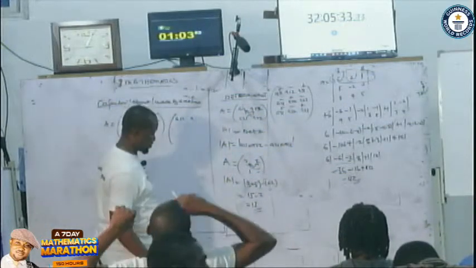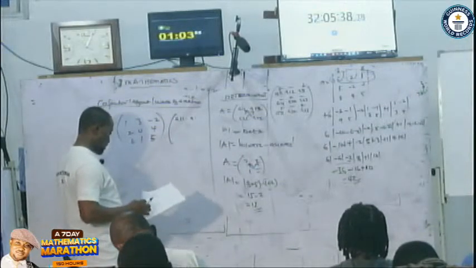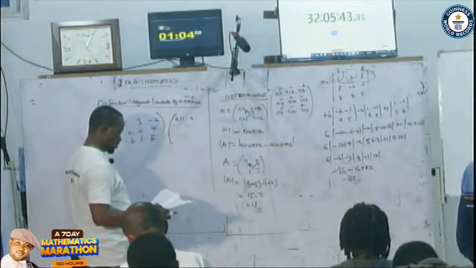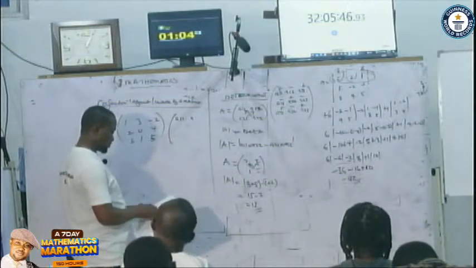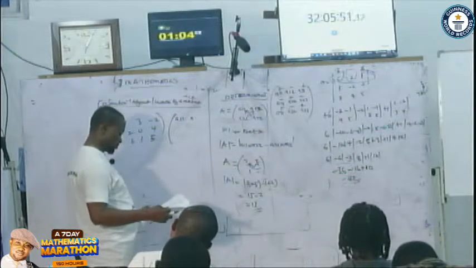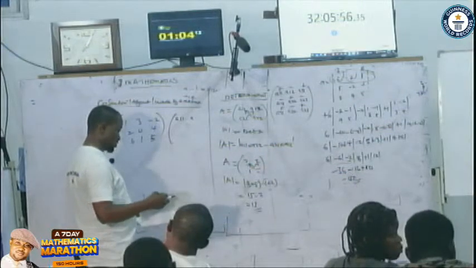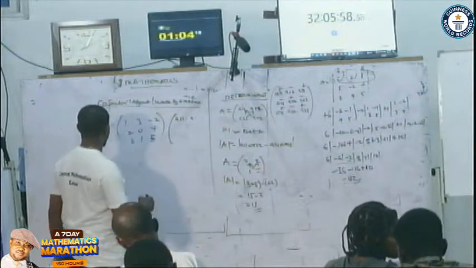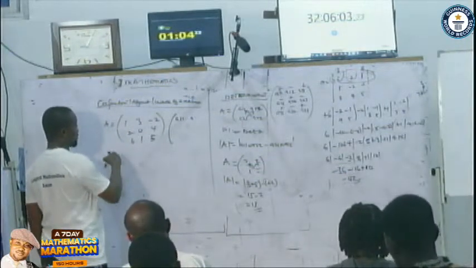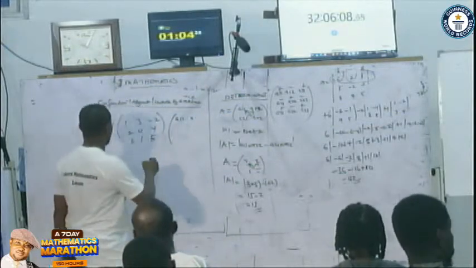A11 cofactor has what we call the minor, which is denoted as Aij, where the ij stands for the row and the column. So I can always put that plus minus, so that I will not waste time. So I want to find A11 now.